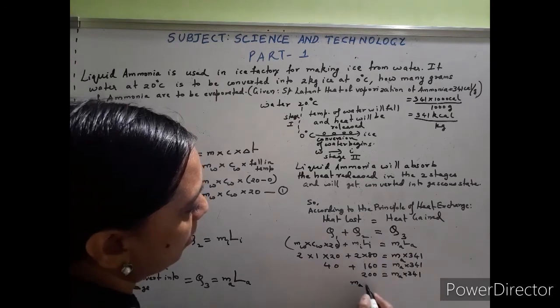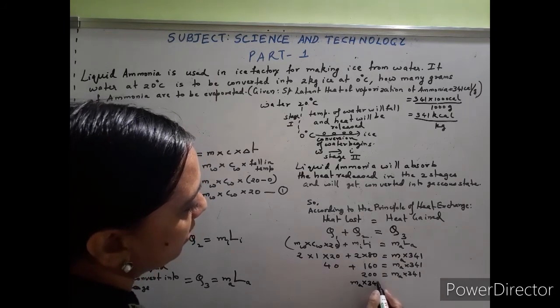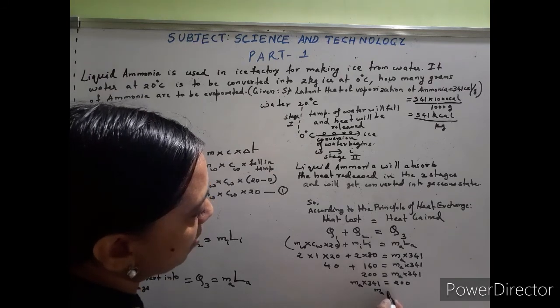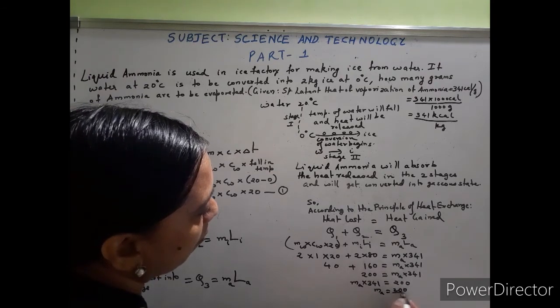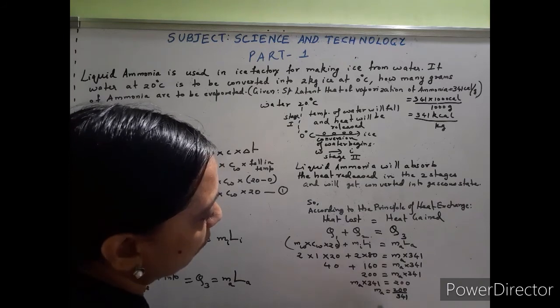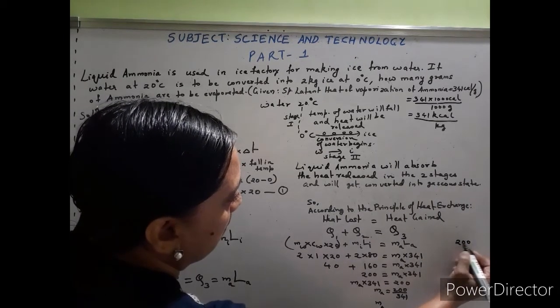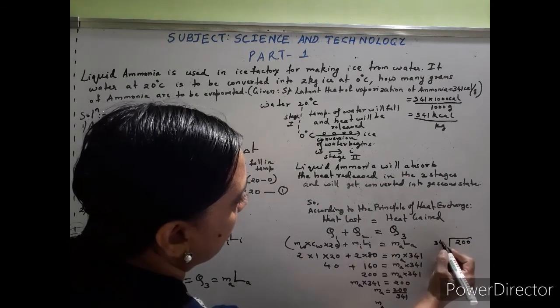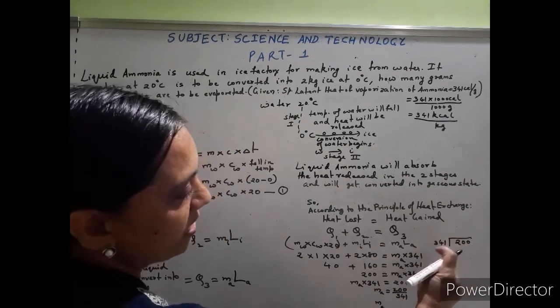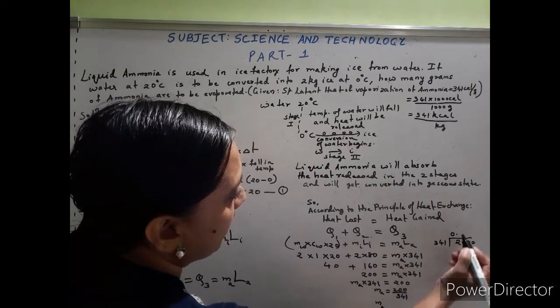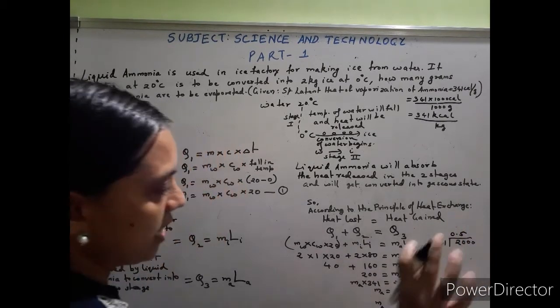So Ma into 341 I am writing here on the left hand side is equal to 200 on the right hand side. So Ma is equal to 200 upon 341. So Ma after dividing 200 by 341, ये नहीं जाएगा. 200 is smaller than 341. So 0 point लगा के यहाँ 0 लगाएंगे, and carry out the division.